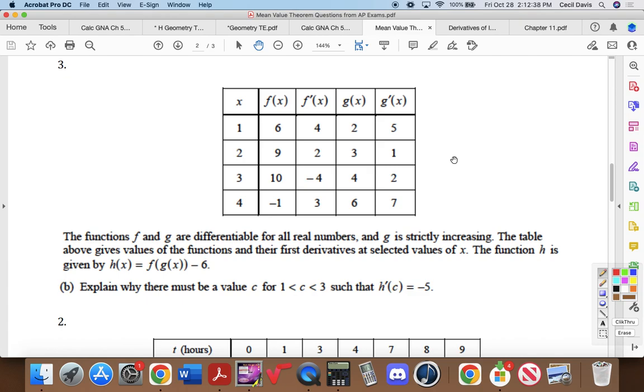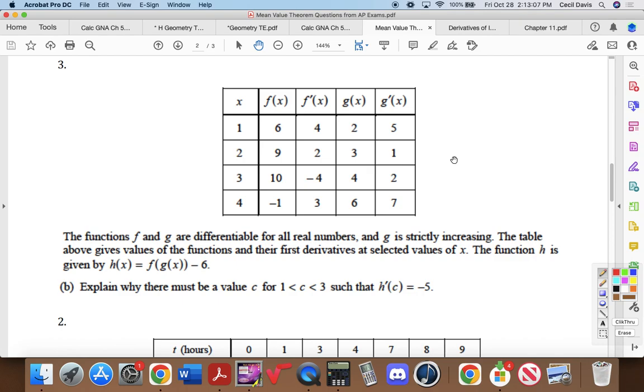All right, let's look at this one. Again, this is one you could use a calculator on. The functions f and g are differentiable for all real numbers, and g is strictly increasing. All right, notice if f and g are both differentiable, what else does that tell you about f and g? They're continuous. The table above gives values of the functions and their first derivatives at selected values of x.